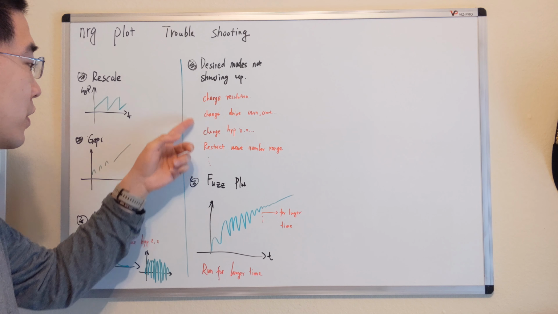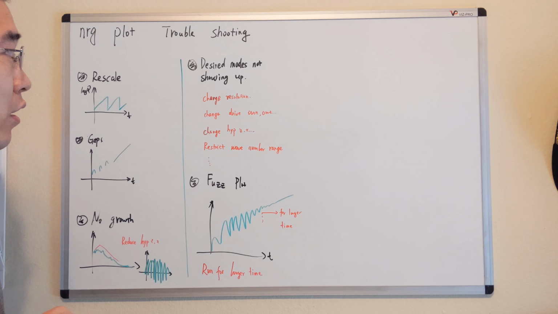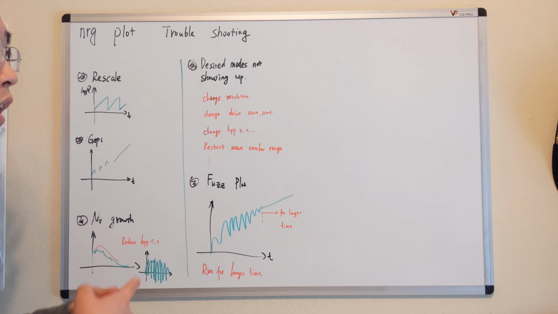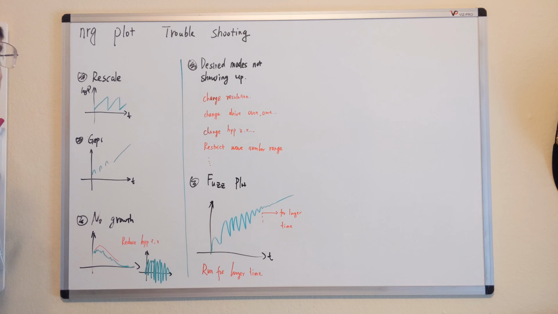This is what I found over about several months of learning: if you cannot find the desired mode showing up, then you can either change the resolution of the grid in terms of space, or change the drive, like the temperature gradient, density gradient, or even collisionality, and maybe even magnetic geometry. Or you can change the hyperdiffusivity of Z and X.